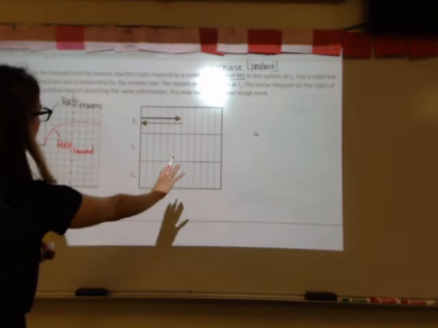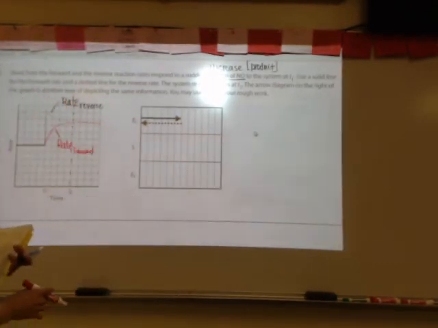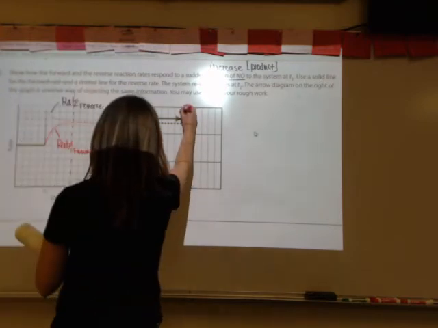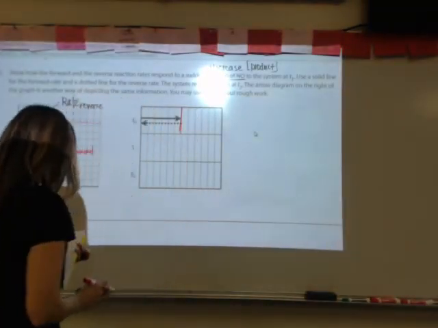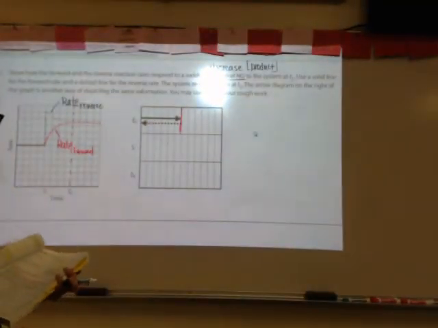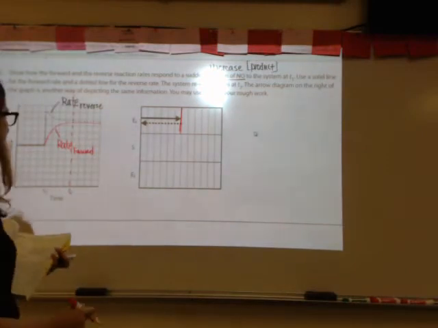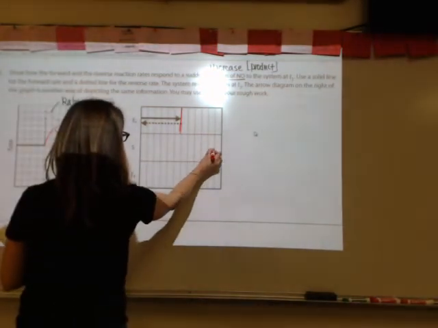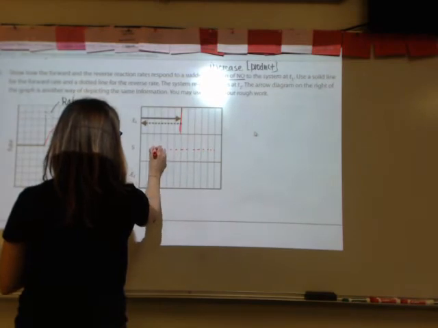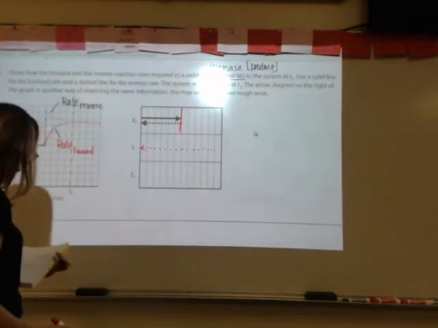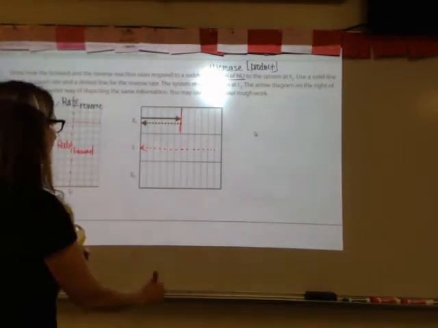Now, how would it look over here if I'm doing an arrow diagram to depict the same information? Well, initially, at equilibrium, the forward and the reverse rates are the same, but the reverse rate increased at the stress. So I'm going to make sure that that reverse rate is a longer arrow.